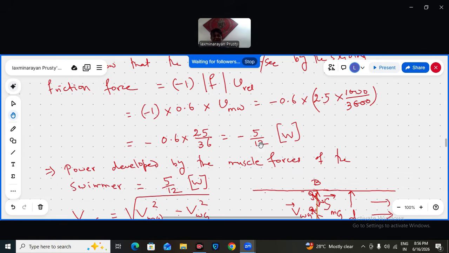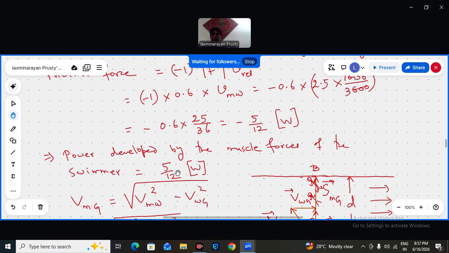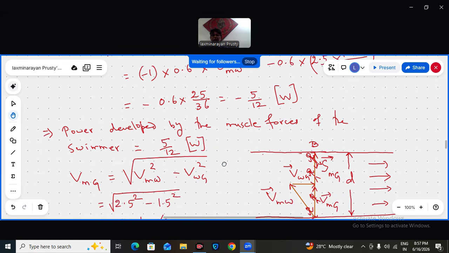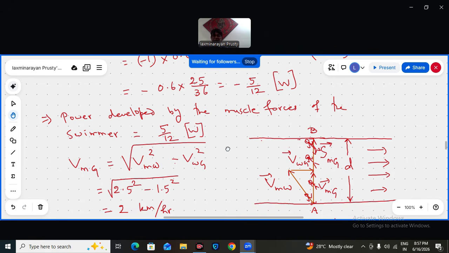It is negative, but the man has to maintain his velocity, so he has to compensate for this negative work by doing an equal amount of positive work by his muscle forces. So the power developed by the muscle forces of the swimmer is plus 5 by 12 watt, so that he maintains his speed relative to water throughout.